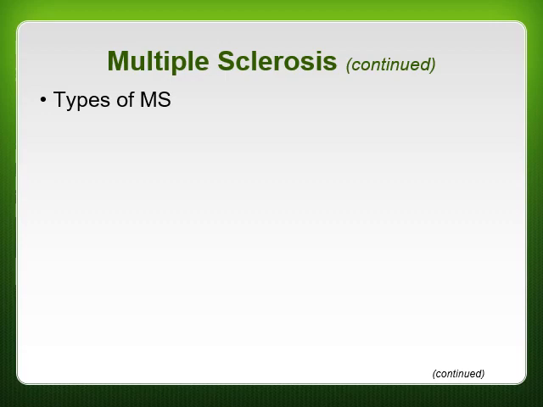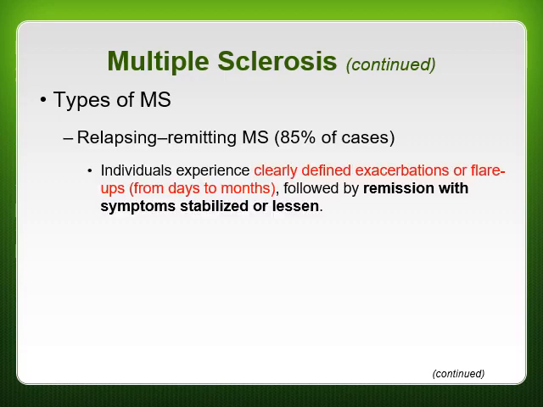Now, MS gets broken down into a couple different types. You've got relapsing MS, relapsing remitting MS, and that's 85% of cases of MS are this relapsing or remitting type, which consists of people that have it, they experience clearly defined exacerbations or flare-ups, and these could last a couple of days, they could last up to several months, followed by a remission, where there are no problems at all whatsoever.